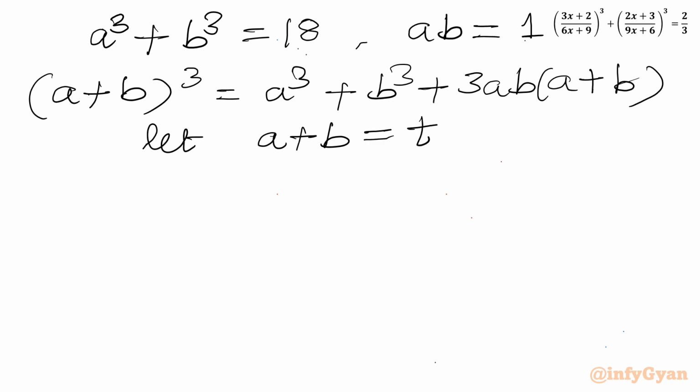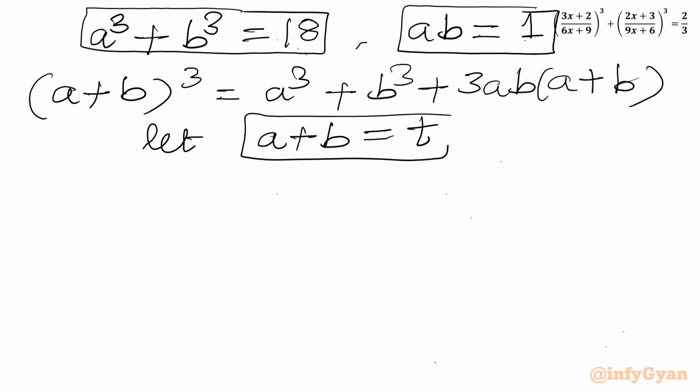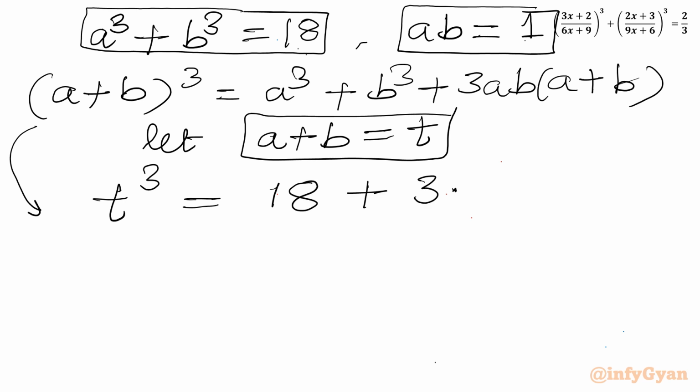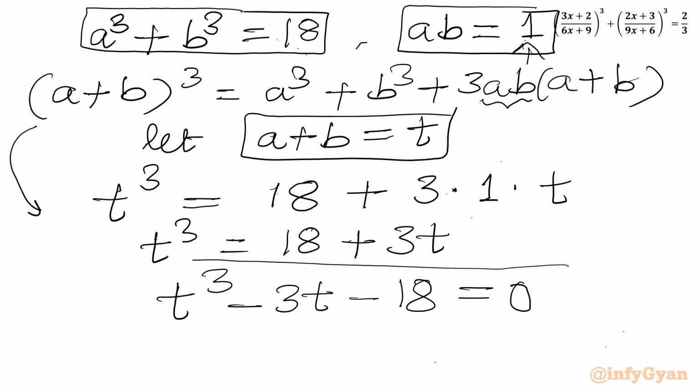Let's say A plus B is T. Now I will use A cube plus B cube 18, AB 1 and A plus B T. So I will get T cube equal to 18 plus 3 times 1 times T. So T cube is equal to 18 plus 3T, or our cubic equation will become T cube minus 3T minus 18 equal to 0.